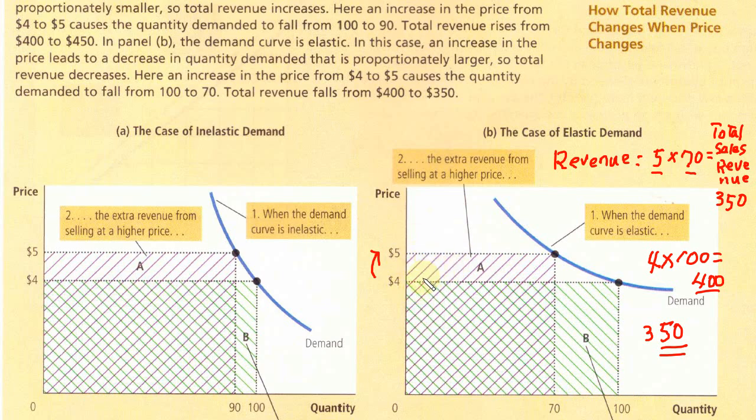The increased price cannot cover the decreased quantity. So the total is decreased because the demand curve is so elastic. Meaning that once the price changed, the quantity demanded changed more than the price changed.